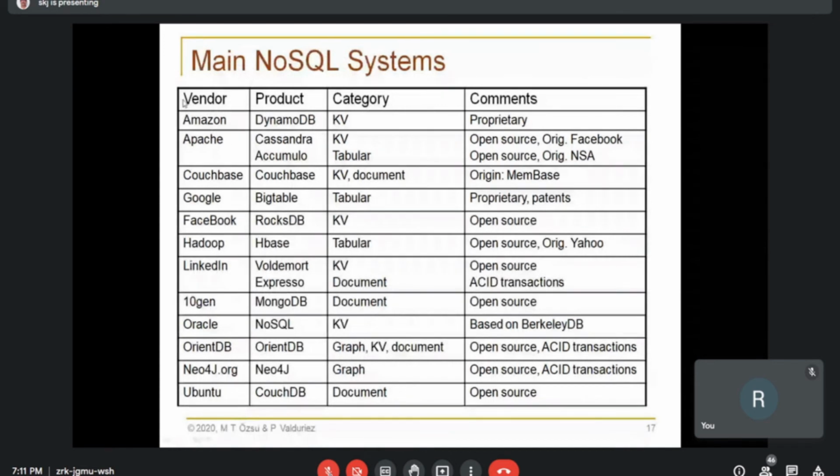They are the product name, category, and which two properties are covered out of this CAP theorem. This is the vendor, the company, and this is the name of the product, the NoSQL database.